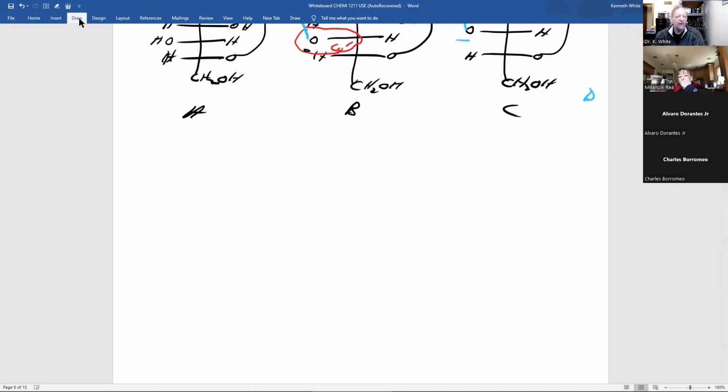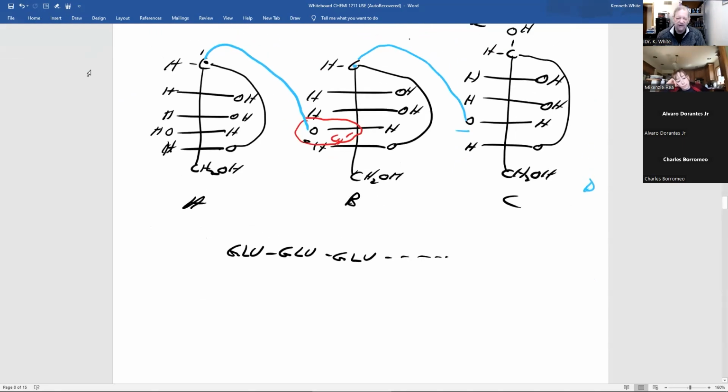And an easy way to write that is this, and they have a name for this polymer of glucose. What's that name? Starch.